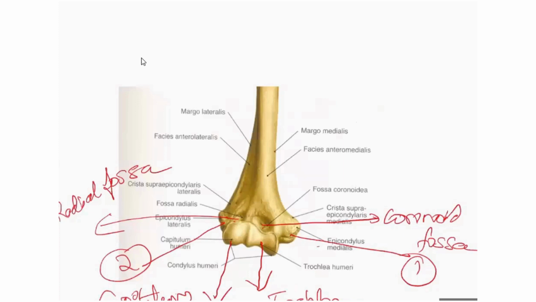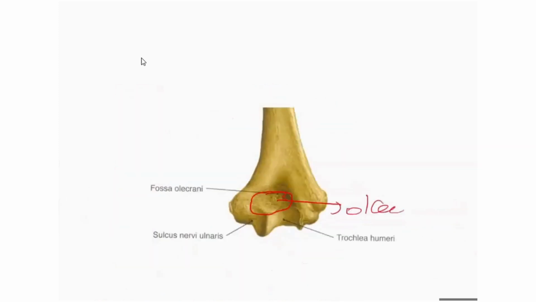What occurs on the posterior aspect? There is one fossa called the olecranon fossa, which lodges the olecranon process of the ulna in full extension. Only on full extension does the olecranon process of the ulna lodge in the olecranon fossa of the humerus. If you flex, the olecranon process glides away.